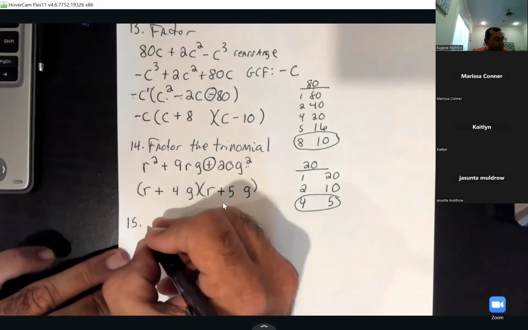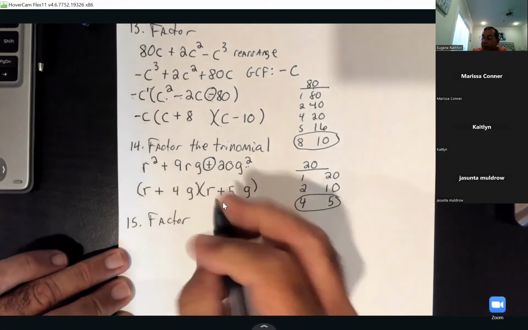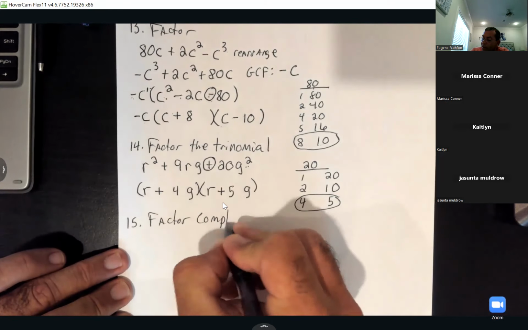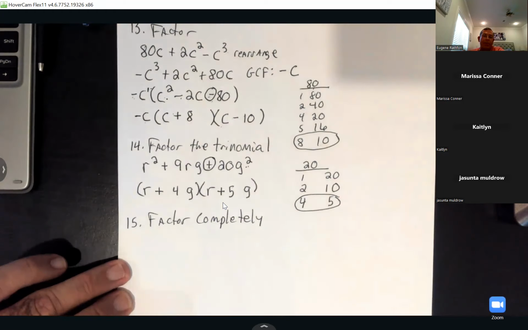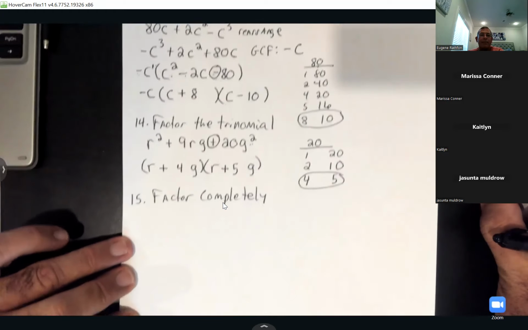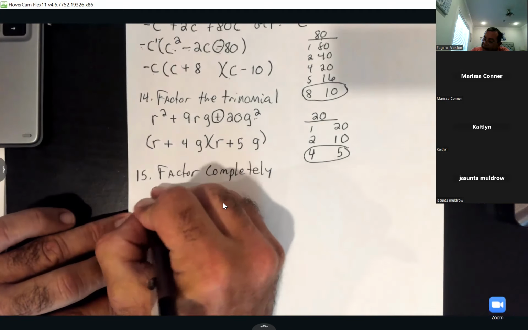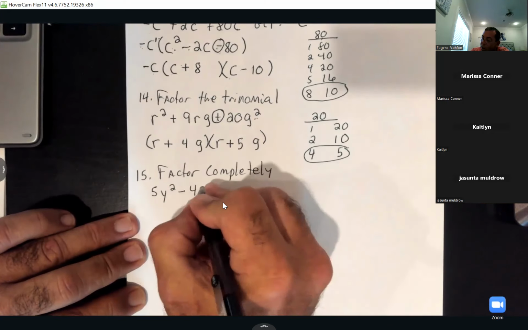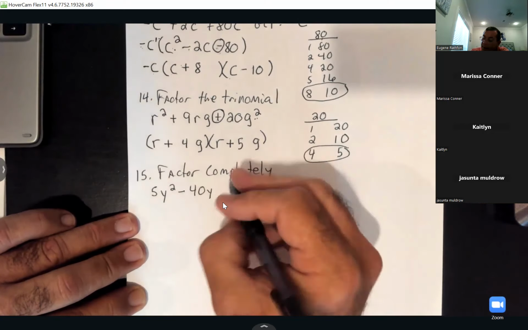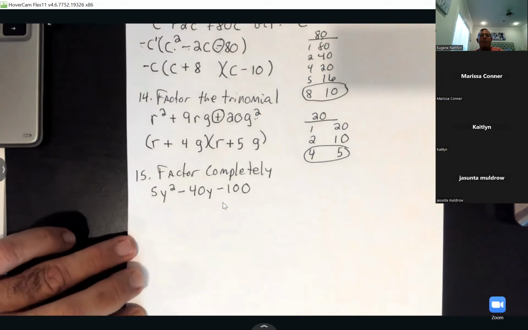All right, y'all. What's this one? Factor completely. So once again, factor as far as we can go on this. So they got a 5y squared minus 40y minus 100.